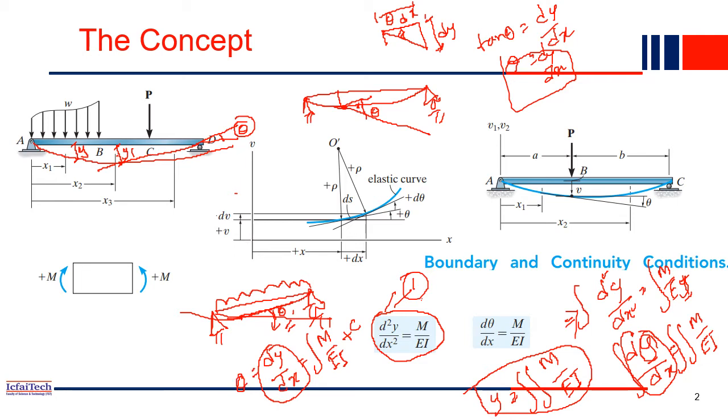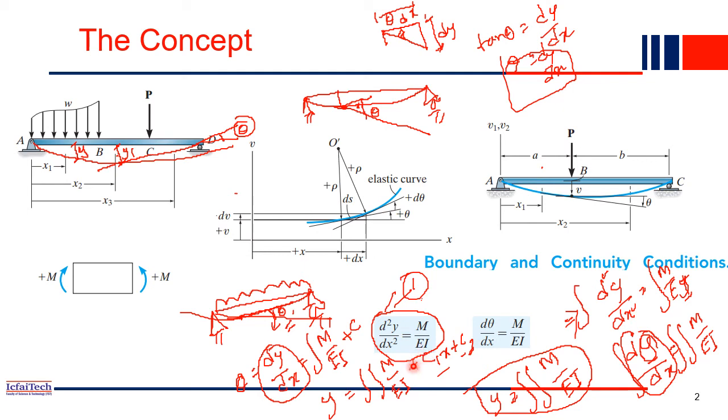Again, if you integrate one more time, you are releasing y. So y is equal to the double integral of M/EI plus C1x plus C2. C1 and C2 are the constants of integration.